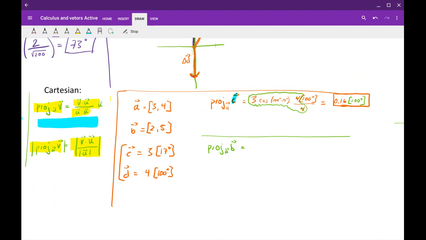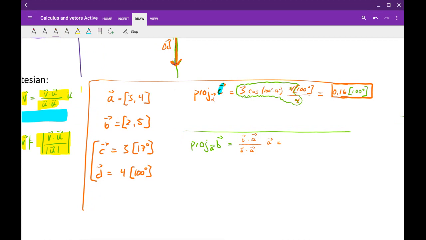The projection of B onto A is just B dot A over A dot A, times the vector A.